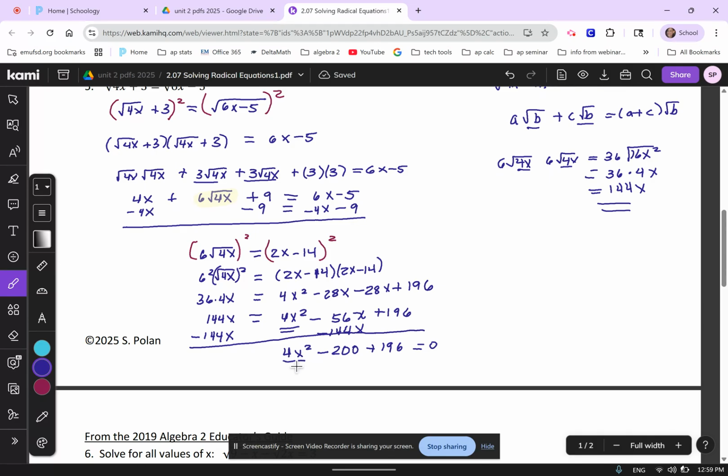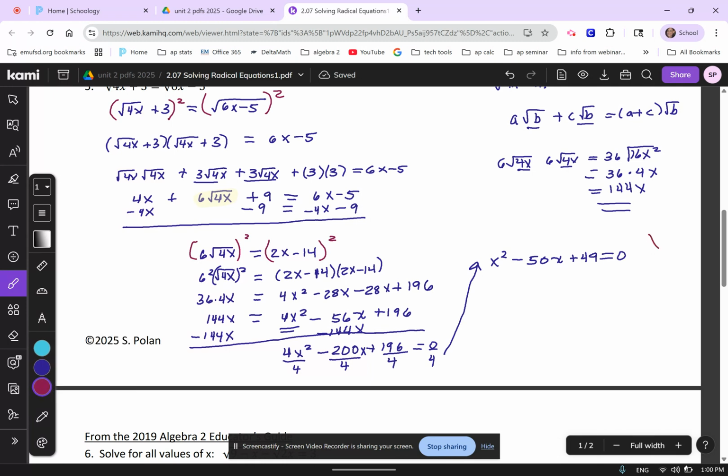And it turns out that at least the ones in Delta Math, they're all factorable. Now I'm dividing all terms on both sides of the equation by 4, and we get x squared minus 50x plus 49 equals 0. We're almost nearing the end.